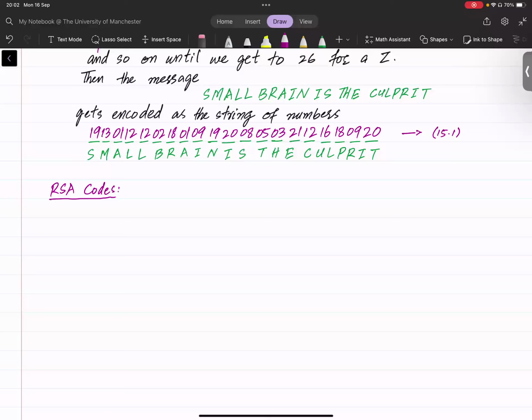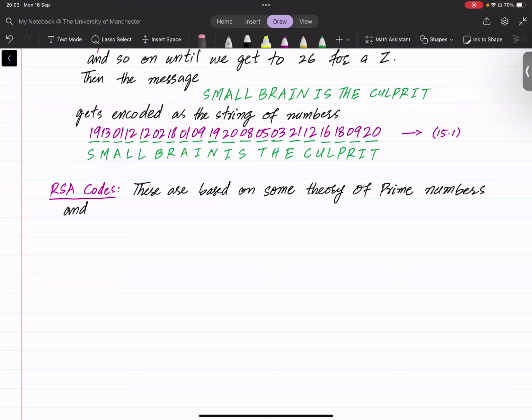These are based on some theory of prime numbers and congruence.